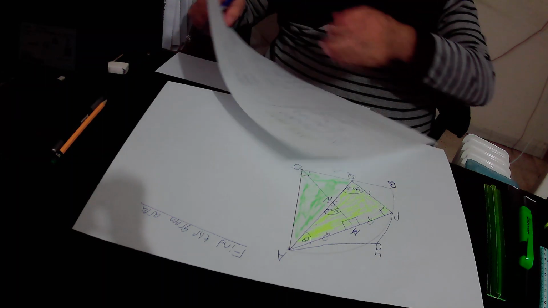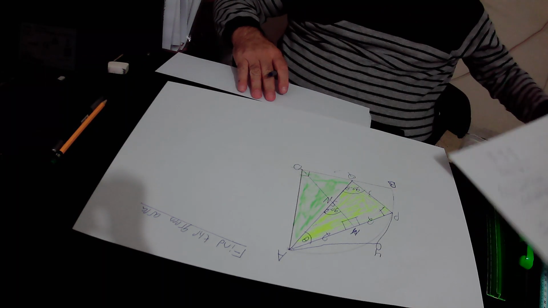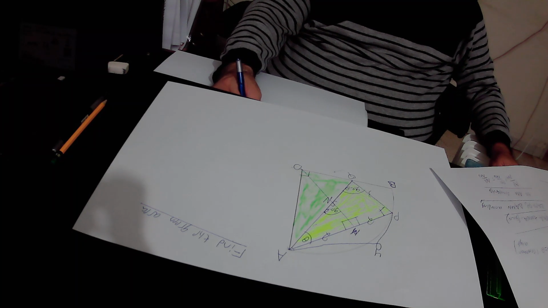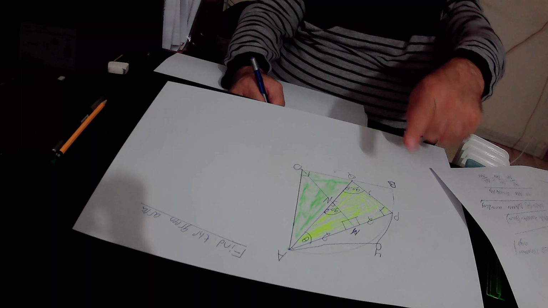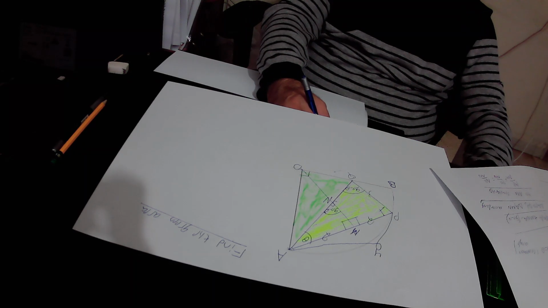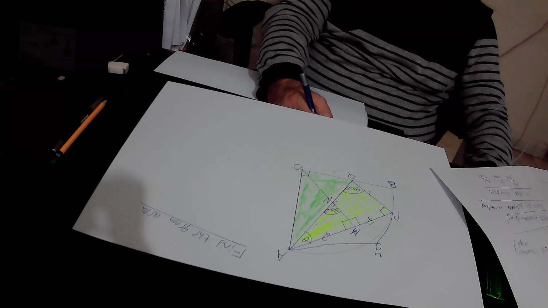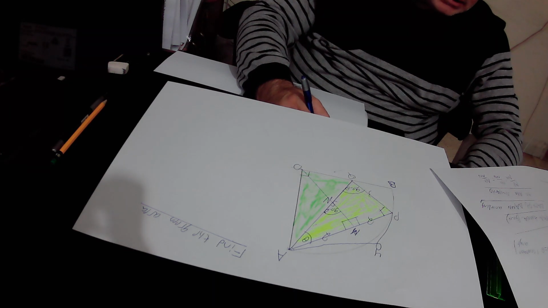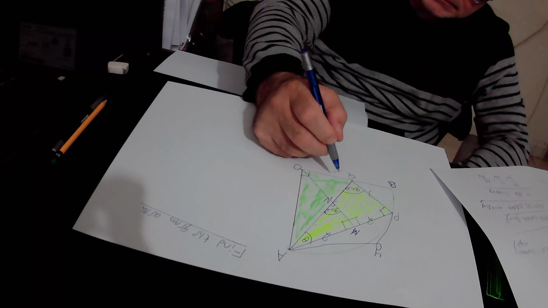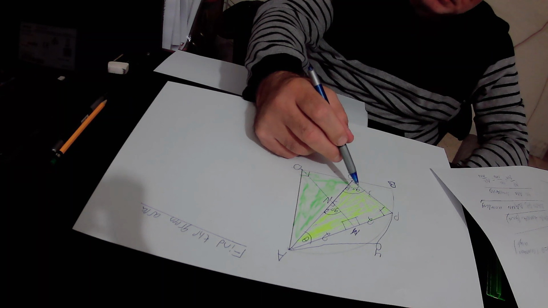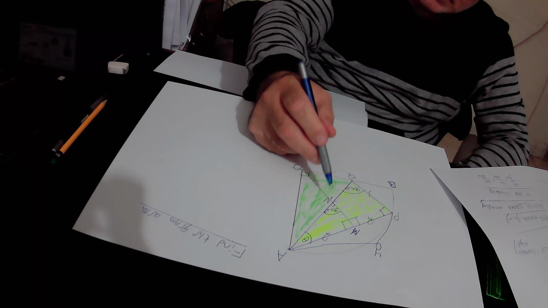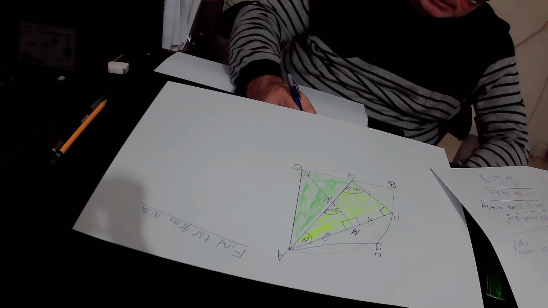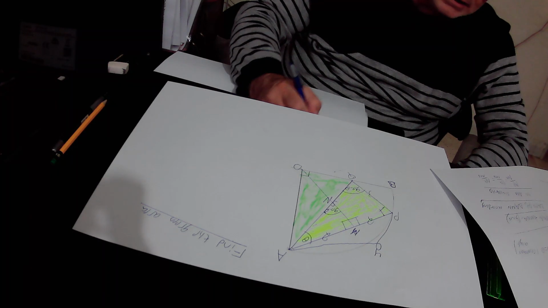So AP equals 4, therefore we substitute AP by 4. AM equals 2. And it is equal to PQ, PQ equals 3, so substitute PQ by 3, over MN.